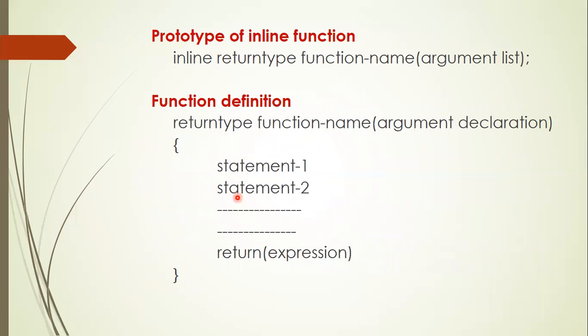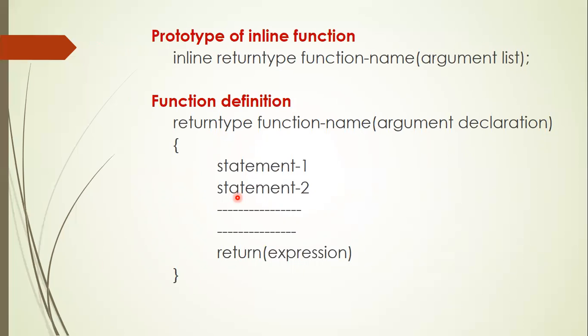Let us see how the prototype of the inline function is written. The main difference between an inline function and a normal function is that you just add the keyword inline before the return type. For example, in the previous example, I wrote float root, with int inside the brackets. The return type is float, the function name is root, the number of arguments is 1, and the data type of the argument is int.